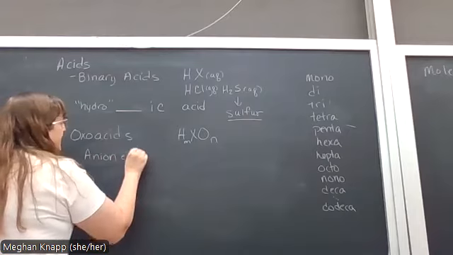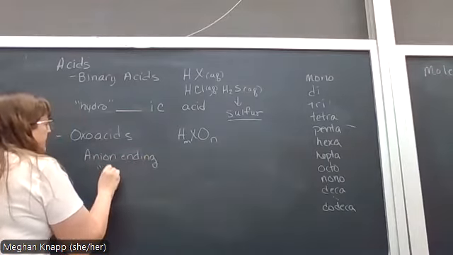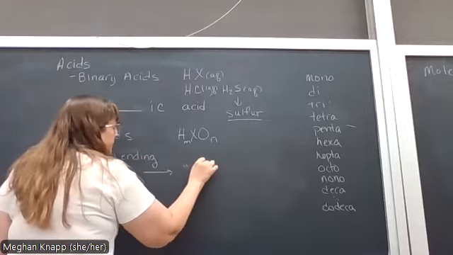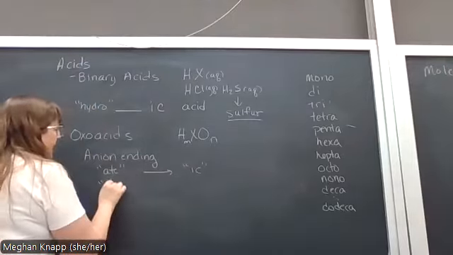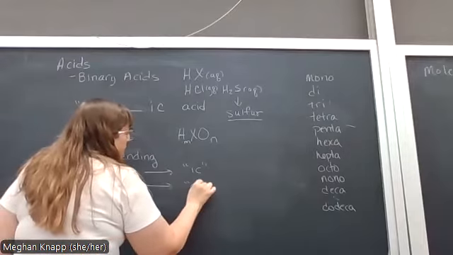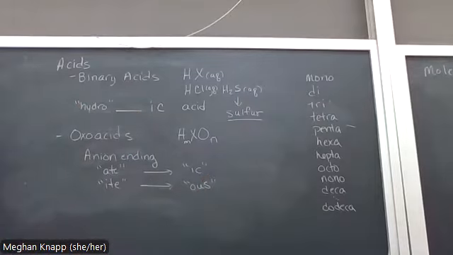So if the anion ending is ate, we turn it into ic. If the anion ending is ite, turn it into ous. And then we just tack acid on the end.